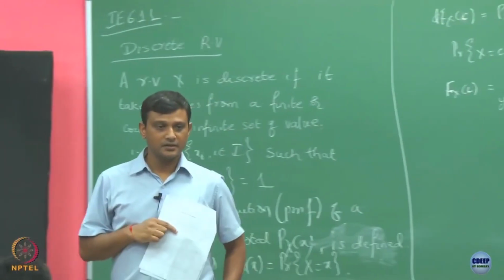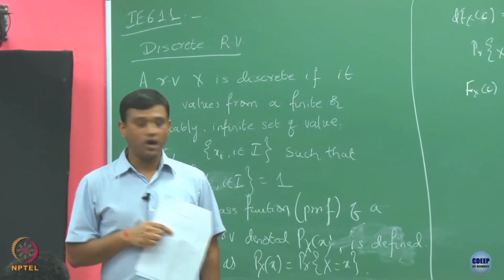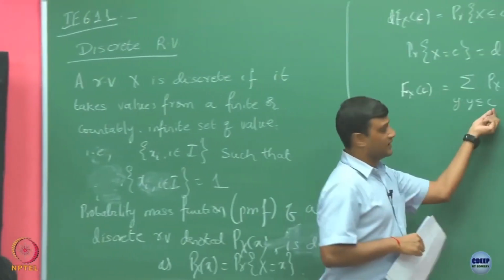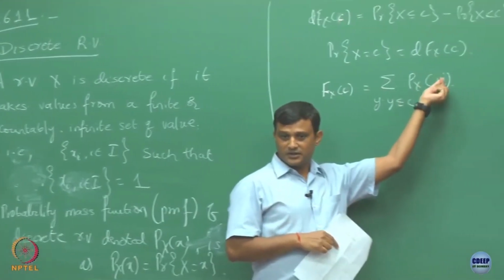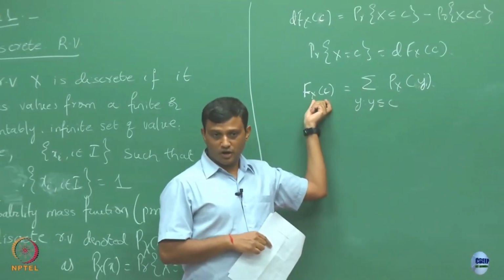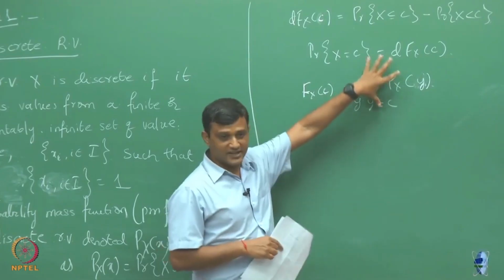Is this correct? Look for all the points which are less than or equal to c and just add them. Then this will result in the cumulative probability till the point c. So this is basically cumulation, right?